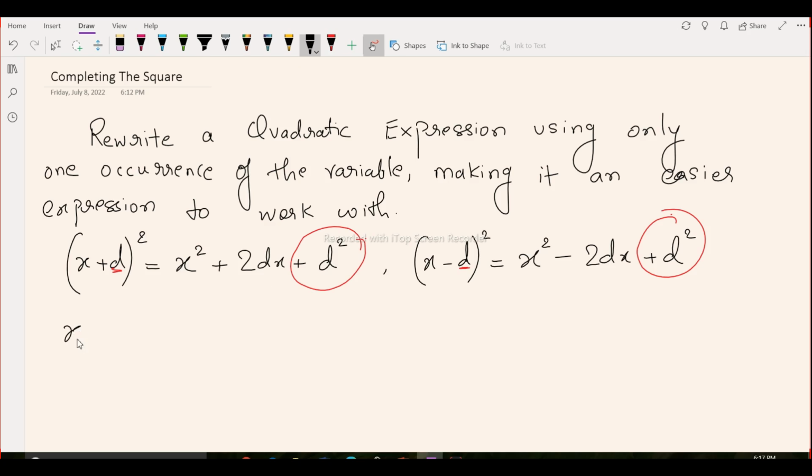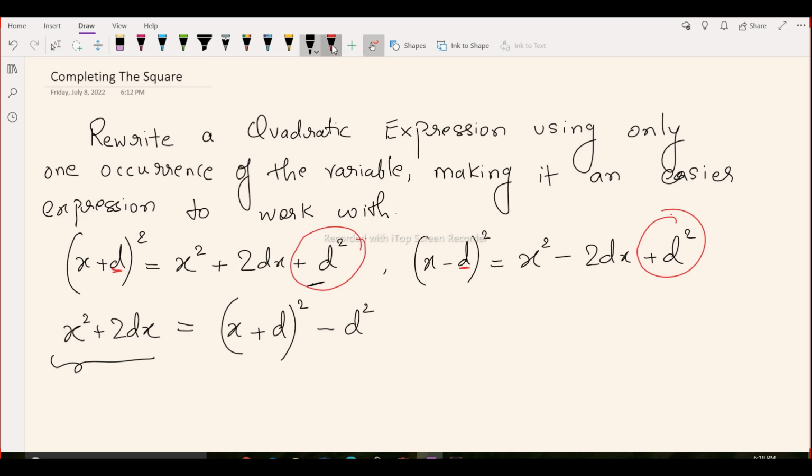Suppose you have been given the expression x square plus 2dx, and we ask you to complete the square for this one. Now we are aware that the only thing needed here is plus d square. So in this particular case, we will write this as x plus d the whole square, and since this was x square plus 2dx and I have added an extra d square to make it x plus d the whole square, I'll subtract a d square.